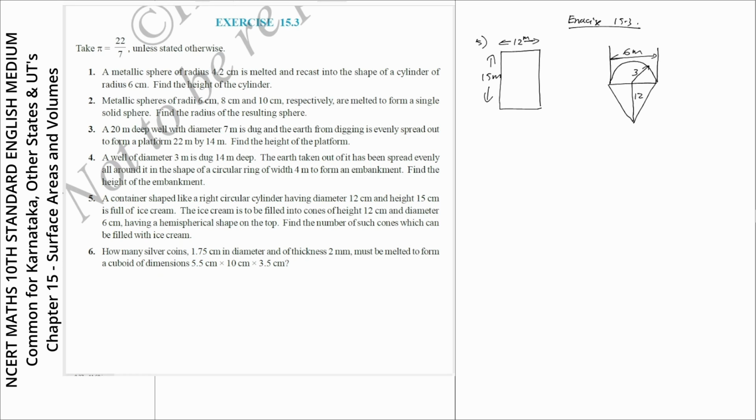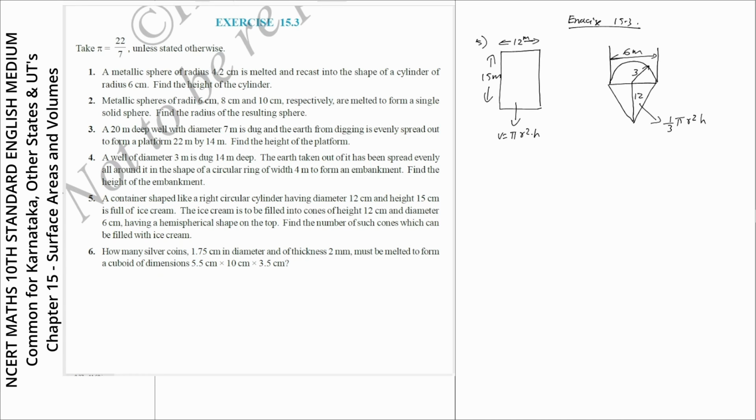Now what is the volume of this cylinder? Volume is given by pi r square h, where r is half of the diameter, that is 12 by 2, which is equal to 6, and height is 15. And coming to this cone, its volume is given by 1/3 pi r square h, where r is equal to 3 and h is equal to 12.